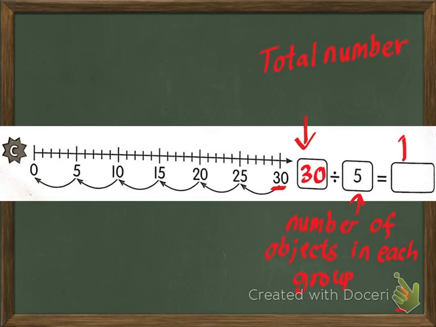So how many groups? Here is the number of groups. So how many groups? 1, 2, 3, 4, 5, 6. So 30 divided by 5 is equal to 6.